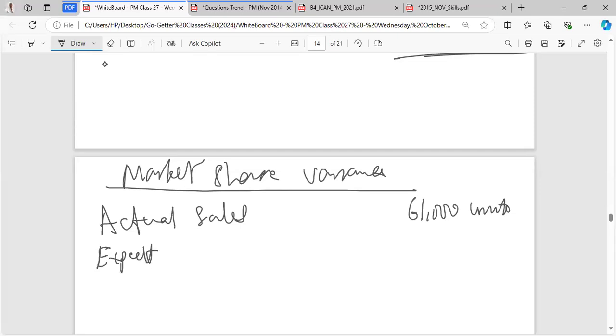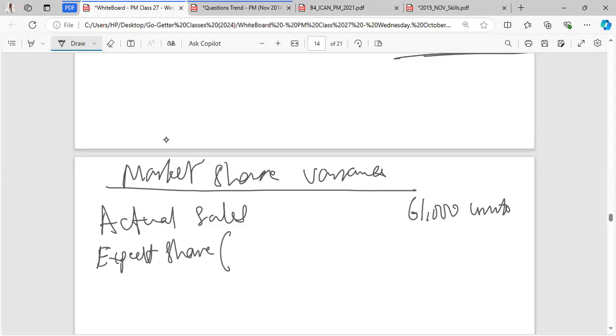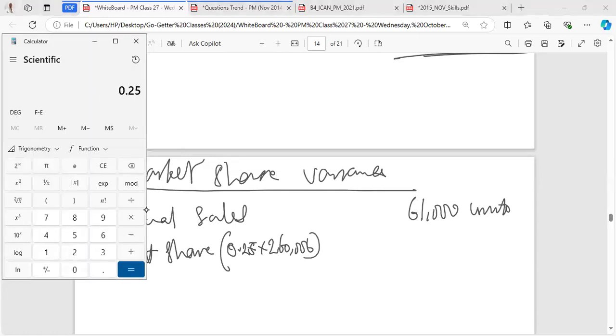Expected share: 260,000 units was sold. We're expecting to get 25% of the 260,000 units.